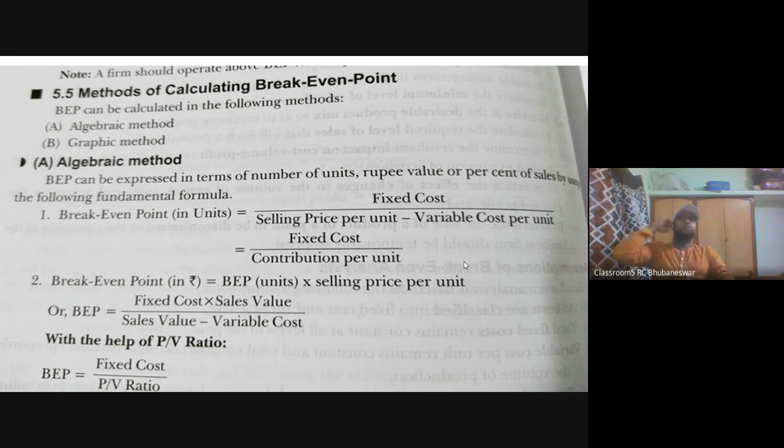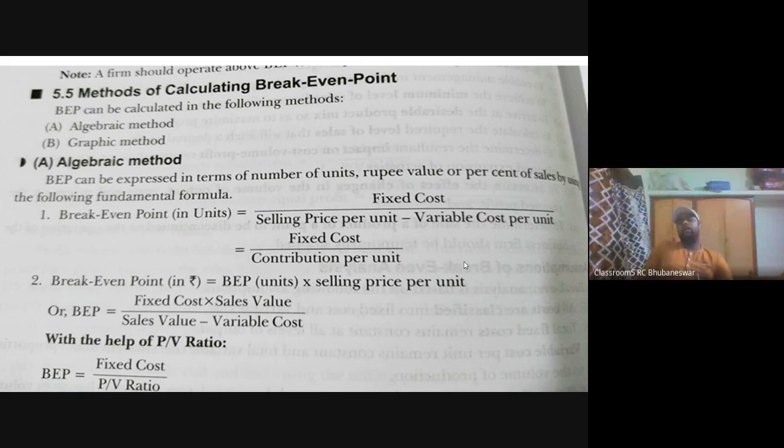Sales price per unit minus variable cost per unit gives you the contribution margin, or contribution per unit. Total fixed cost will be the entire fixed cost, like 1 lakh, 2 lakh, 3 lakh, 10,000, 15,000. The total fixed cost divided by contribution per unit will be your break-even point.